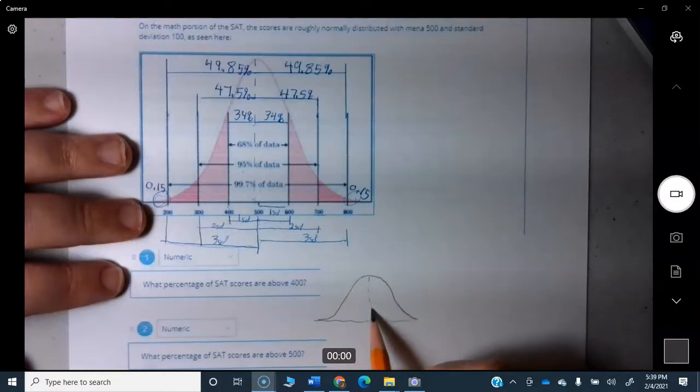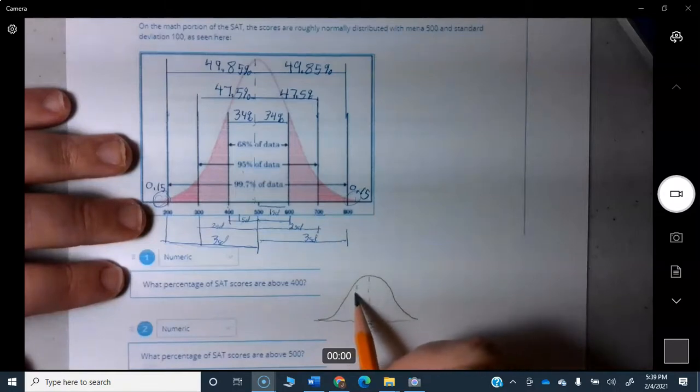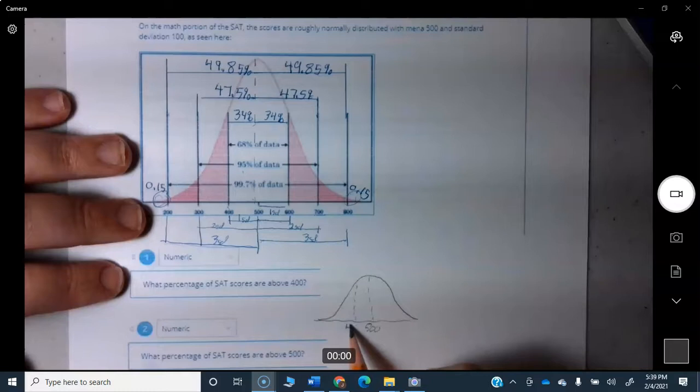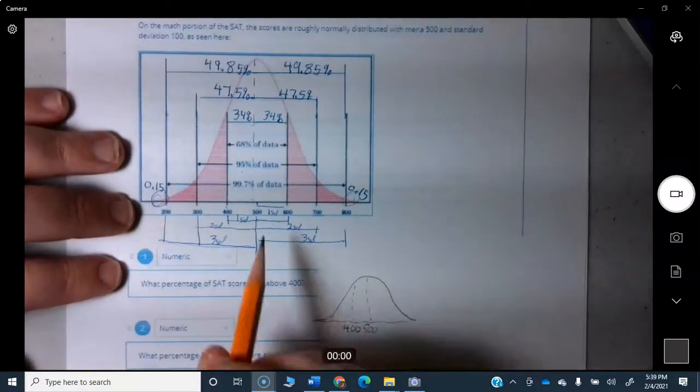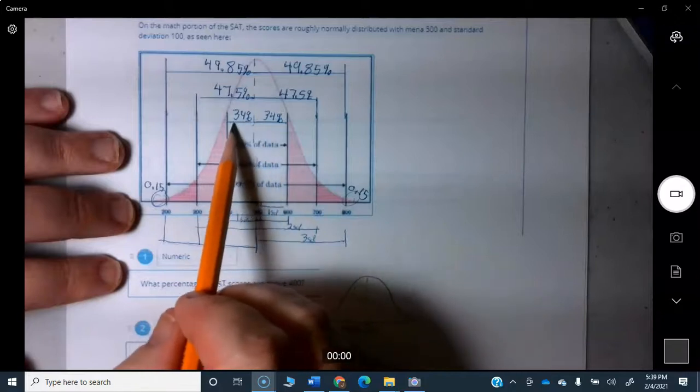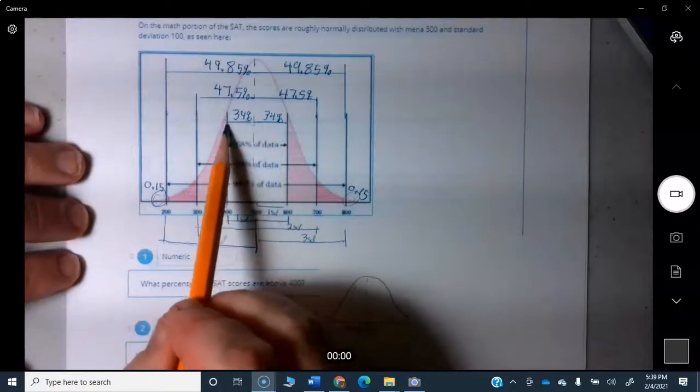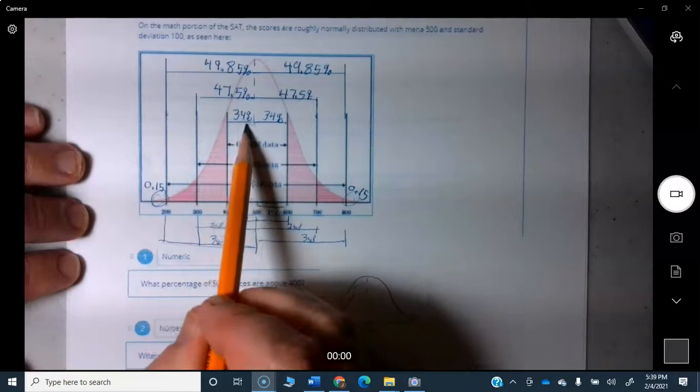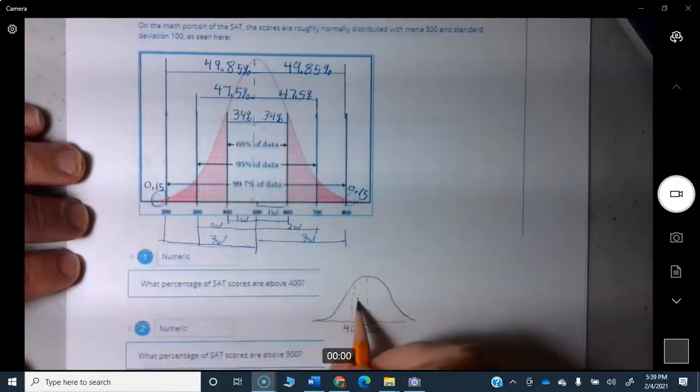And here's the mean at 500. And here's one standard deviation below the mean, 400. That's what we're interested in. So what's that difference between 400 and 500? It's this 34% right there.